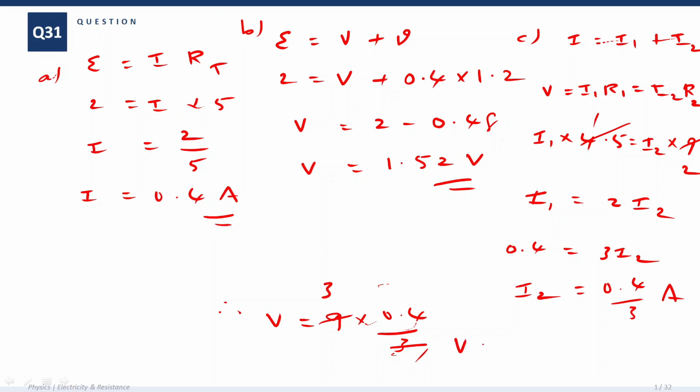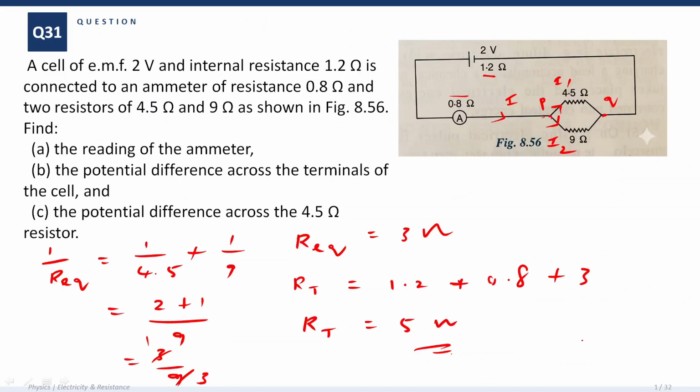Then V equals 3 into 0.4, to get 1.2 volt. So this is the potential across the 4.5 ohm resistor.